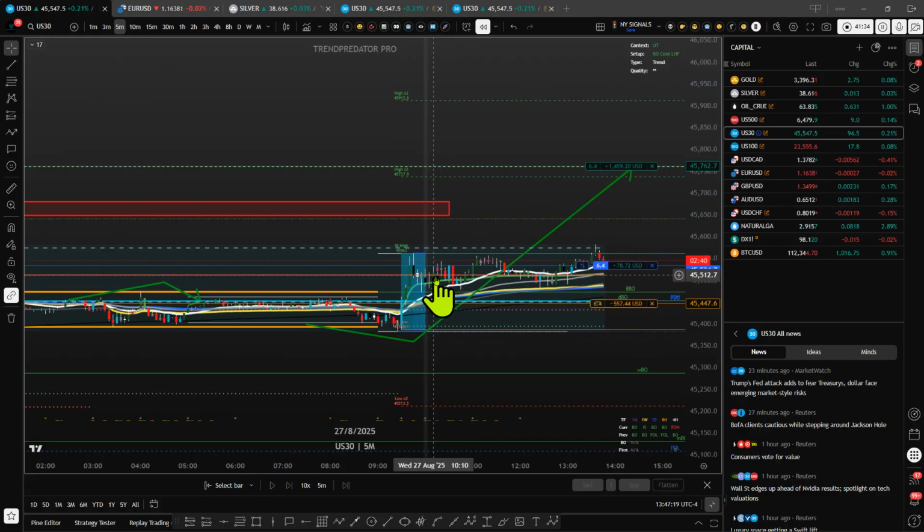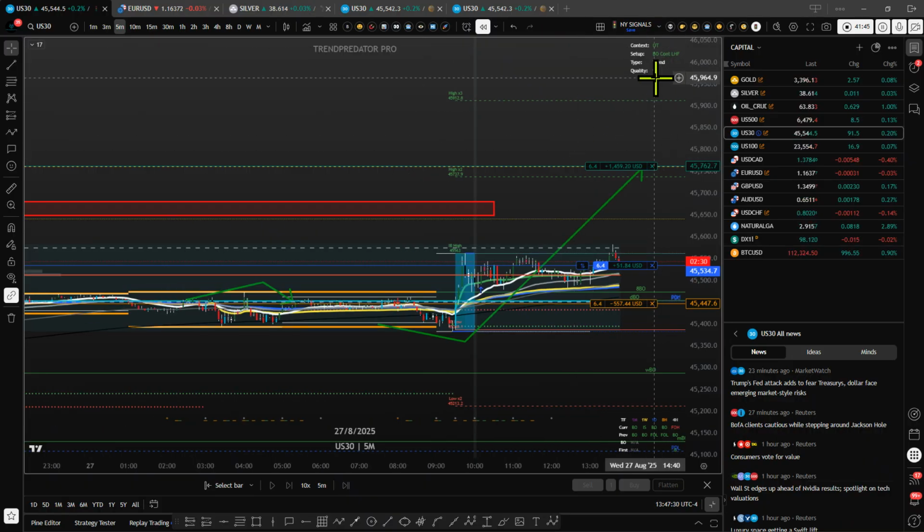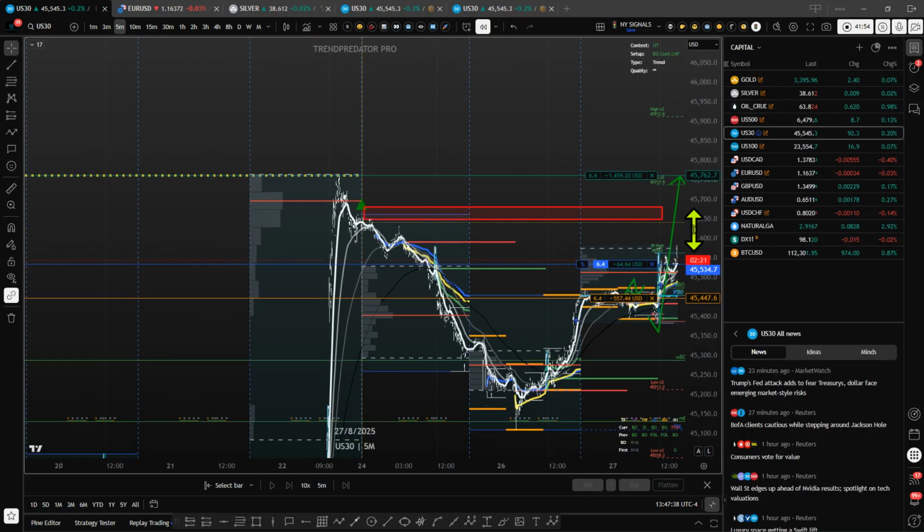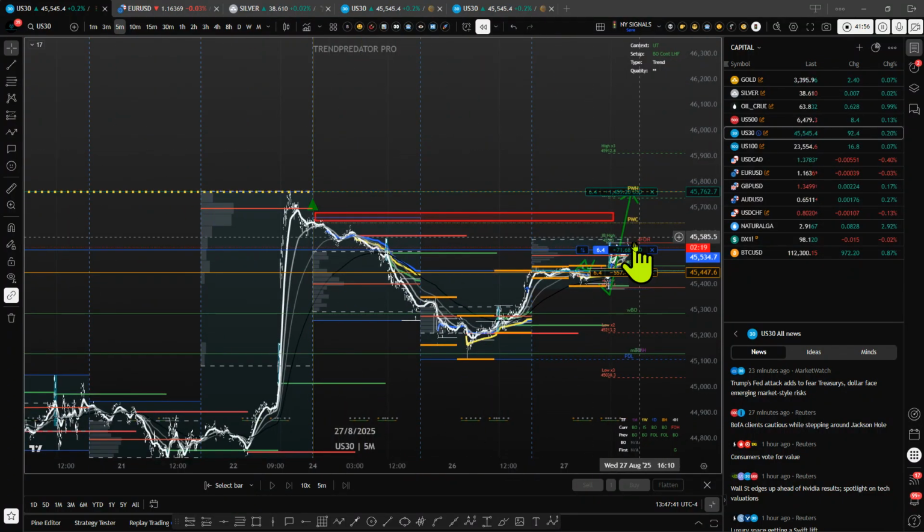So I'm taking it from the inside, and I haven't waited for the breakout. But when you can combine it with the Trend Predator Pro, that actually even gives you a signal, in this case a 2-star quality uptrend signal, then you've got a lot of confluences there for a powerful trading system.